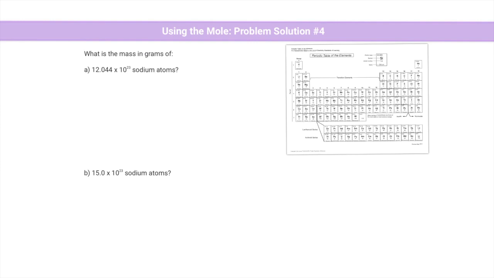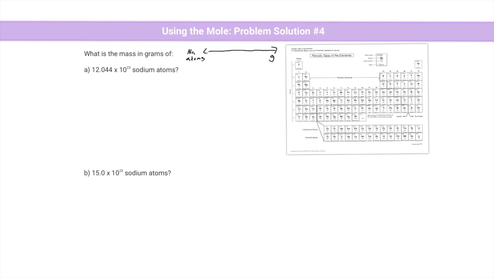We'll be doing 2 problems that are set up identically using 2 different quantities. So, let's ask ourselves what we're going from. That would be sodium atoms. And we're going to grams.